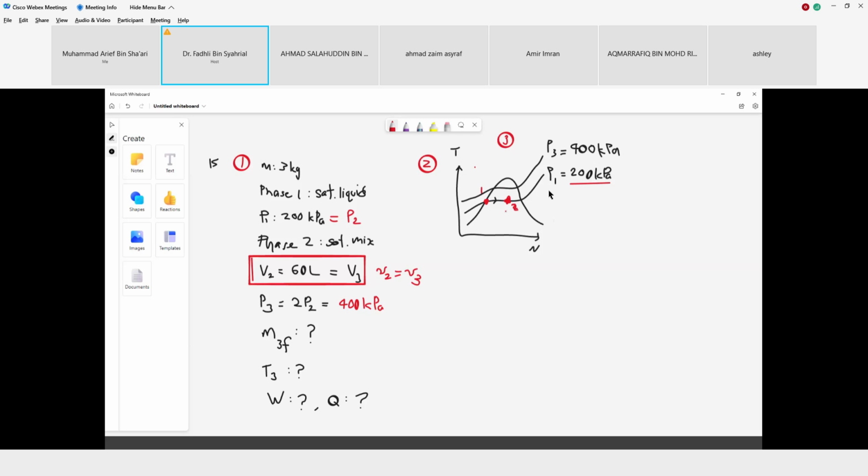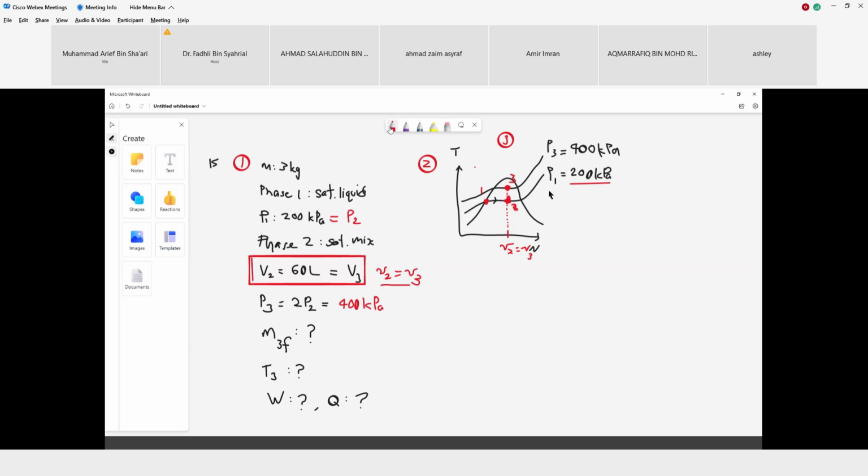State number 2 is here. If you draw the line, we know that V2 equal to V3. So V2 here is actually equal to V3. So we can drag this line to number 3.